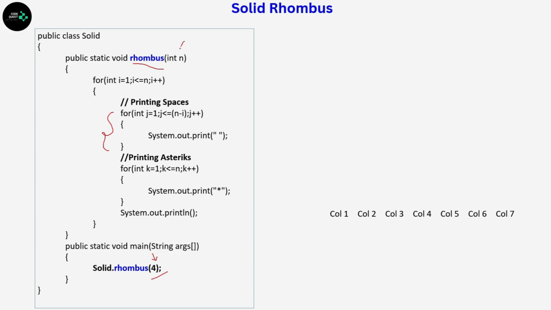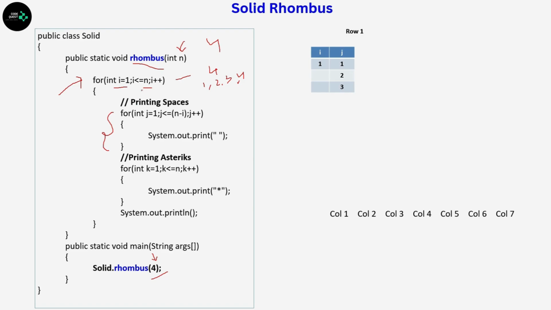When we get into this method, n value is 4. The outer loop I starts with 1 and goes up to 4, which means it is going to execute 4 times with I value 1, 2, 3 and 4. Now let's start iteration 1, for row number 1, when I value is 1.